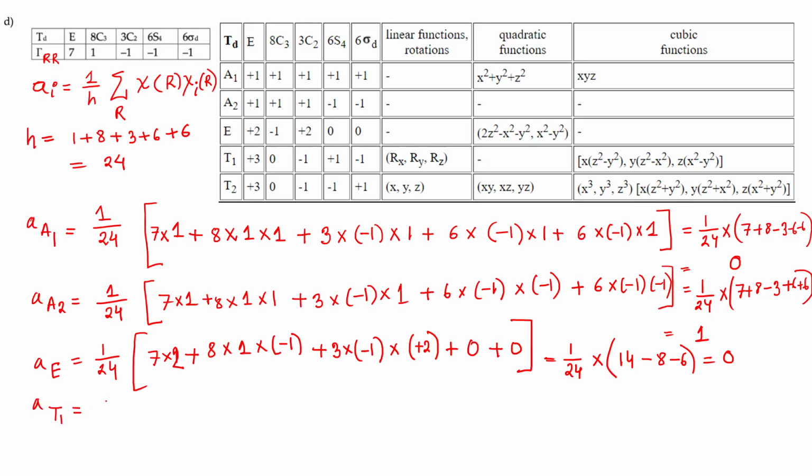What about T1? 1 over 24, 7 into 3 plus 0 plus 3 into minus 1 into minus 1, plus 6 into minus 1 into 1, then 6 into minus 1 into minus 1.